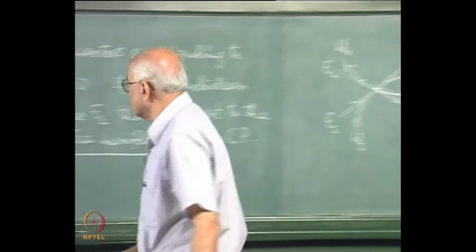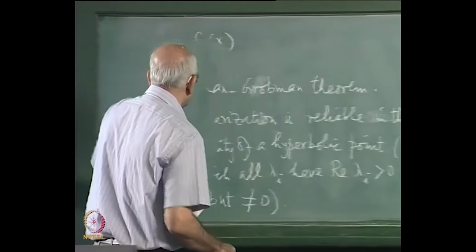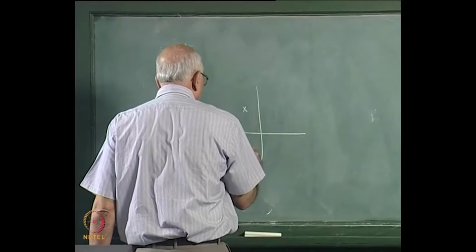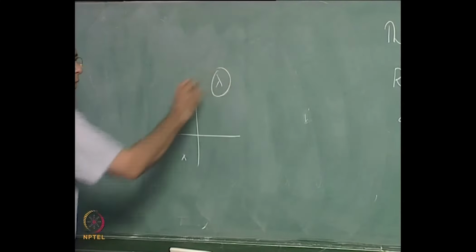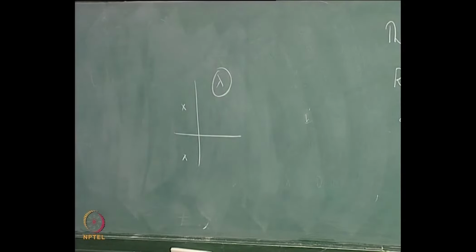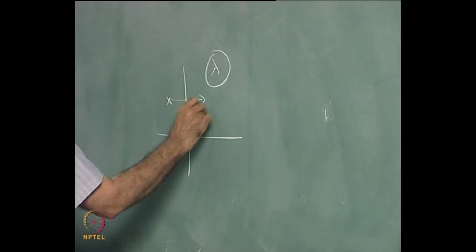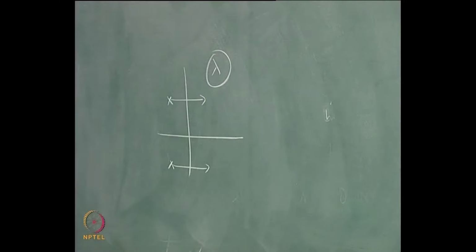Let me illustrate this. In the complex eigenvalue plane, if you had a pair of eigenvalues of this kind, as you change a parameter these eigenvalues could wander around and move off in this fashion.